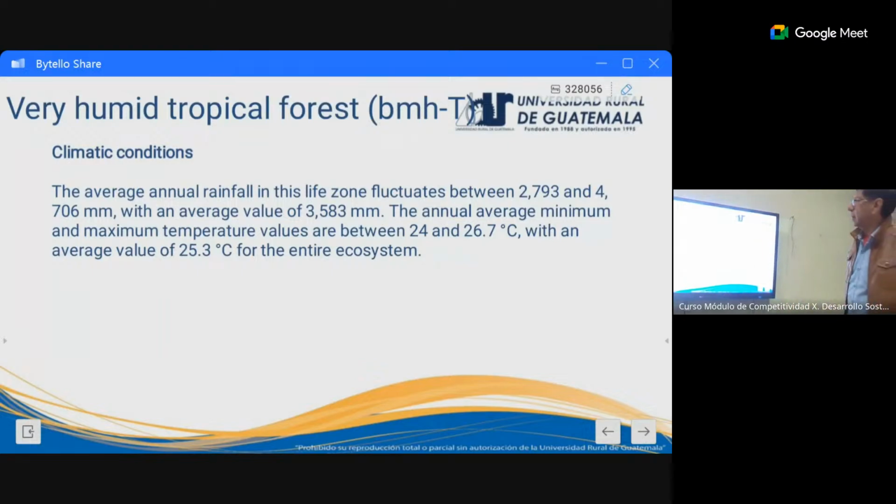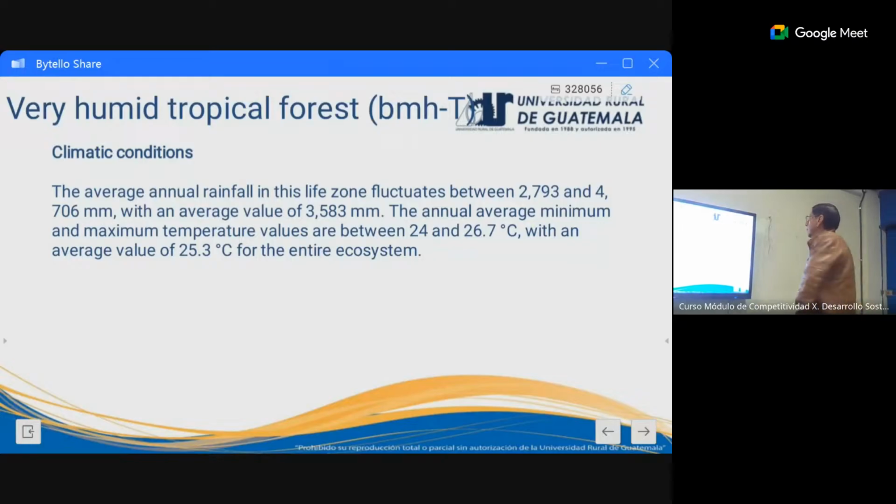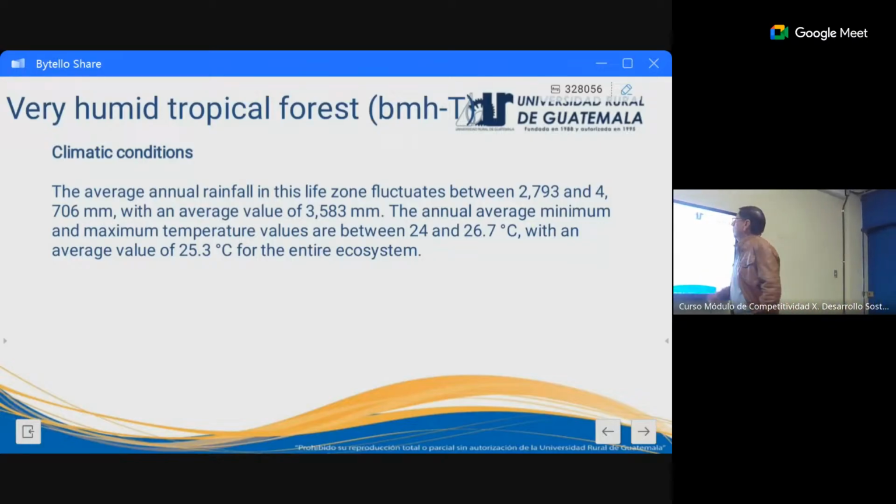Remember that we're talking about here the amount of rainfall during the year, and with an average value of 3,583 millimeters, the annual average minimum and maximum temperature values are between 24 and 26.7 Celsius degrees, with an average value of 25.3 Celsius degrees for the entire ecosystem.